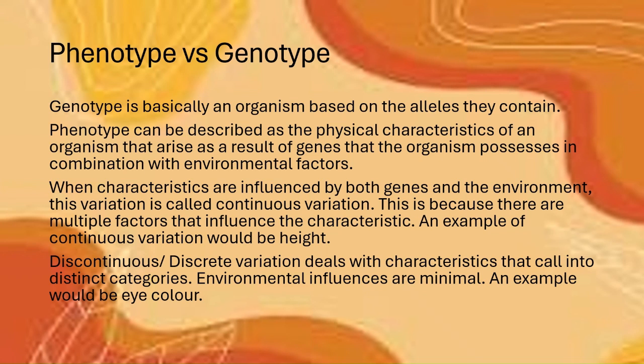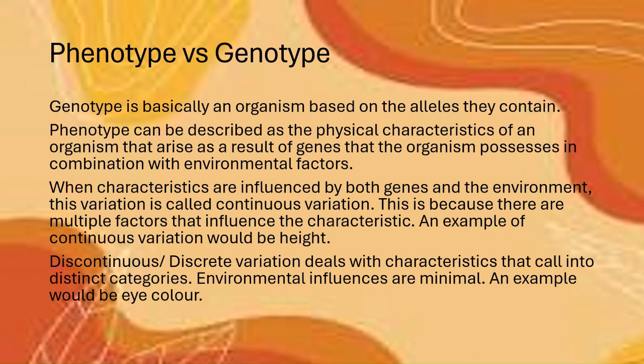So discontinuous or discrete variation deals with characteristics that fall into distinct categories. So the environmental influences on these are minimal. So for example, this would be eye color. So for discontinuous variation, you have distinct categories that it can fall into. So you can have brown eyes, you can have blue eyes, you can have green eyes.